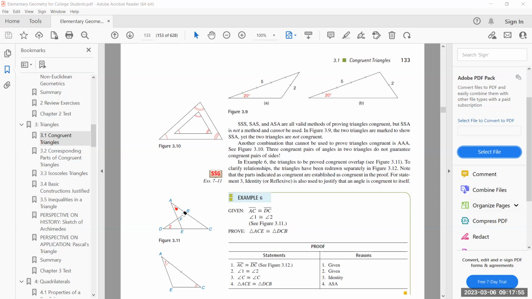So my suggestion is, I think part of what's happening is you're not focusing on the right triangle, the correct triangle there.